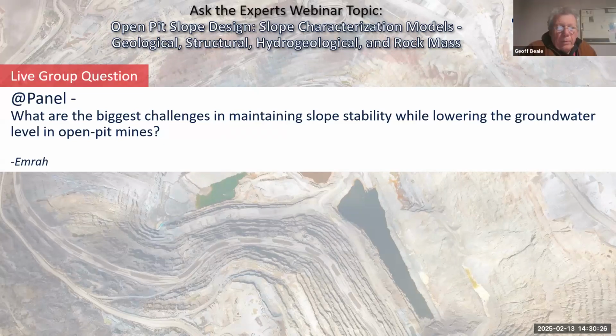Well, I think lowering the groundwater level inherently increases slope stability. I think this question is probably more related to rapid drawdown, and if you have rapid drawdown in a pit, for instance in a pit lake, it can leave residual pore pressure in structures or in weak materials behind the slope, so you can get an increase in the hydraulic gradient or the pore pressure gradient between the wall rocks and the slope if you rapidly dewater.